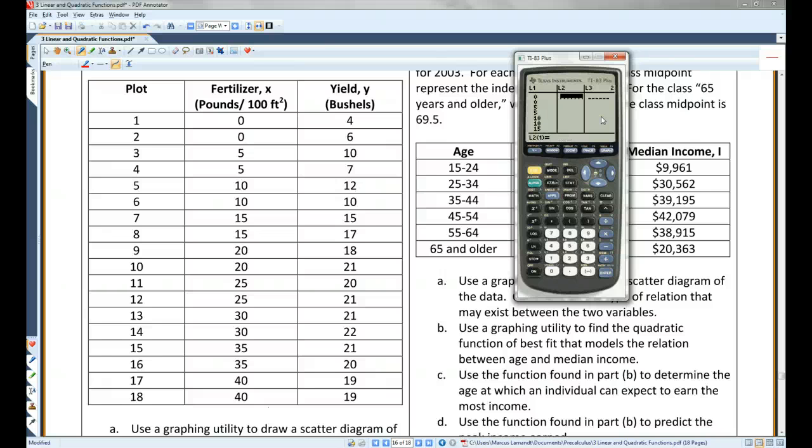Alright, there we go. Now we've got number of bushels, so 4, 6, 10, 7, 12, 10, 15, 17, 18, 21, 20, 21, 21, 22, 21, 20, 19, and 19.